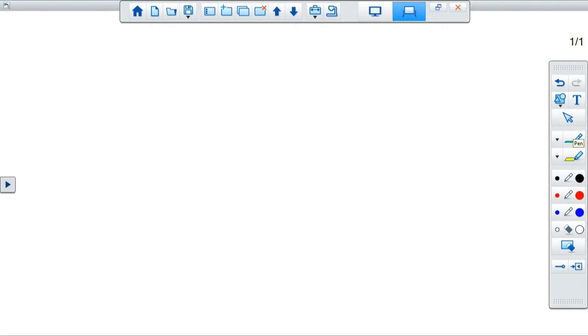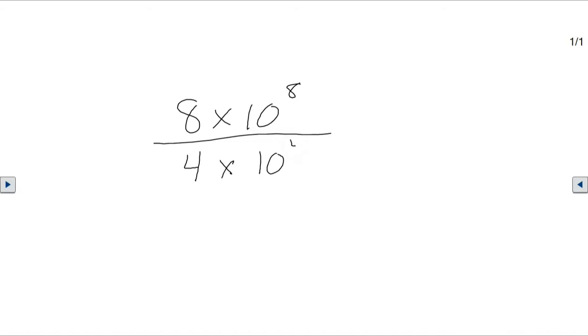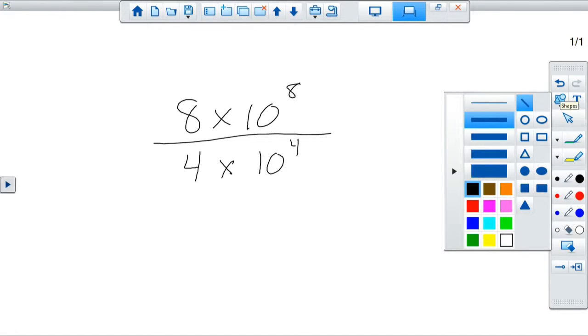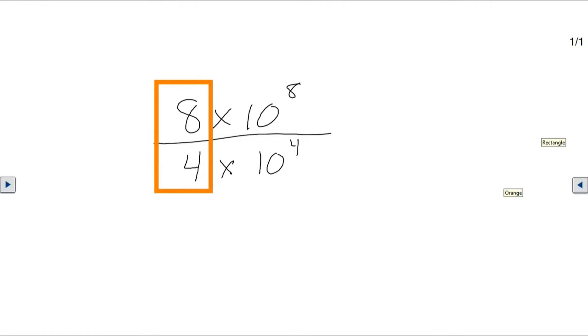So let's start out with something like 8 times 10 to the 8th power divided by 4 times 10 to the 4th power. Okay, so two numbers in scientific notation that we want to divide. So basically what we want to do to begin here is focus on those front numbers.